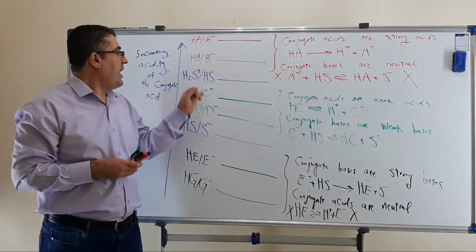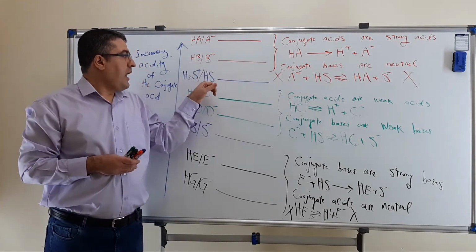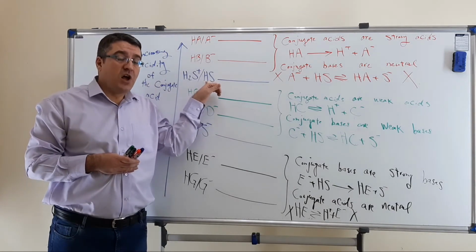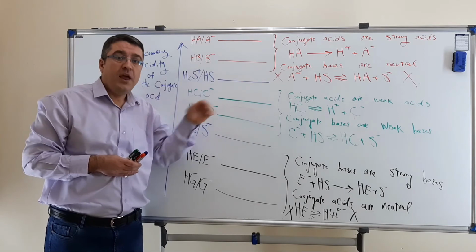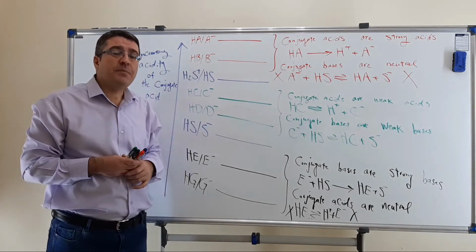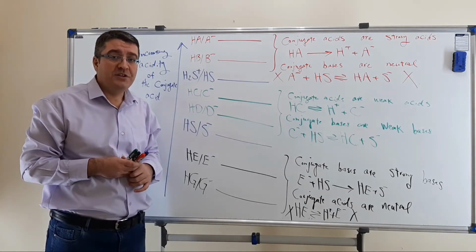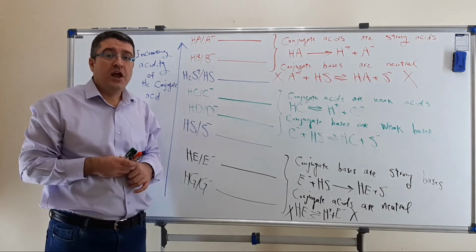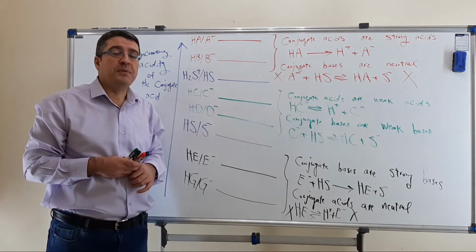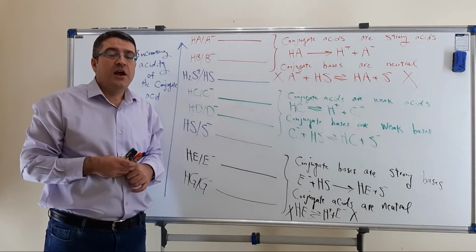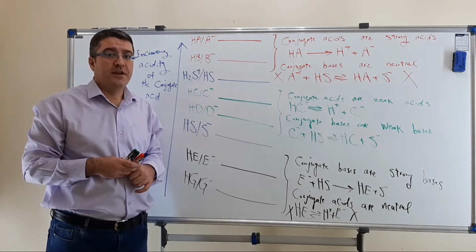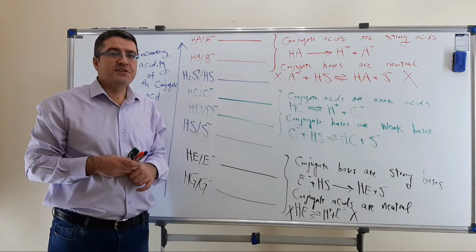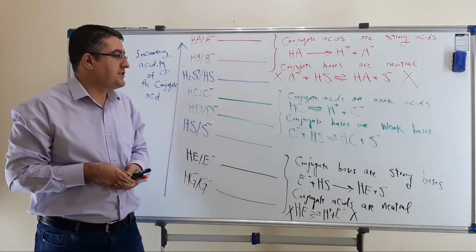On the other hand, when the basicity of the solvent increases, it enhances the acidic properties of chemical species, of solutes. A non-electrolyte may become a weak acid, a weak acid may become a strong acid, and so on. Let's consider examples for this.